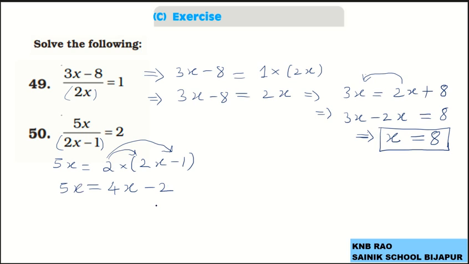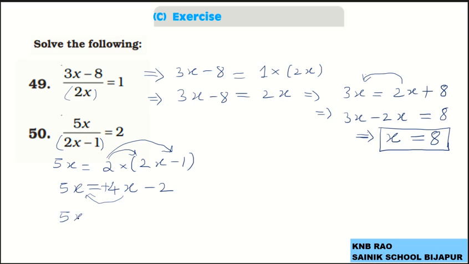Now, I am transposing this 4x to the left hand side, as it is with a positive sign. Remember children, the sign will be whatever is there in front of that term.